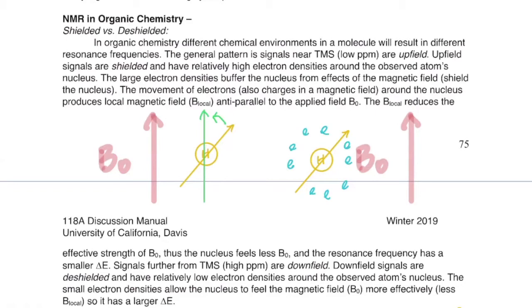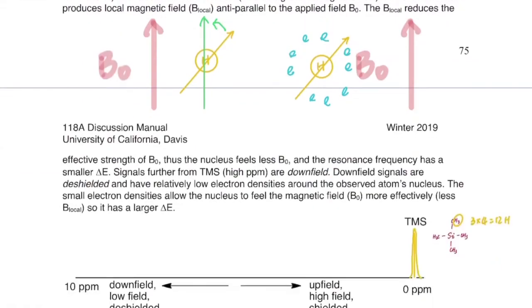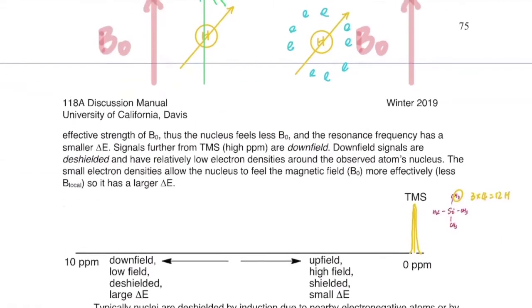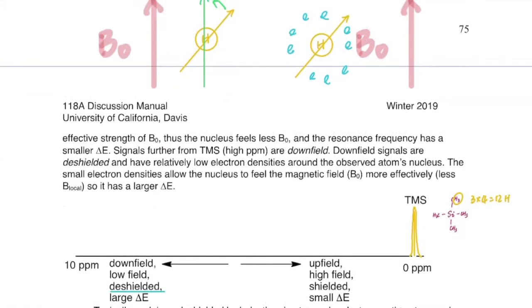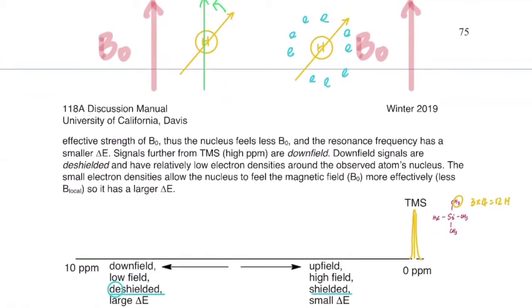It will be harder for the B naught to force you to go in that direction. On our diagram, when you are deshielded, we easily force you to go to B naught. When you are shielded, it's harder for the B naught to force you to point in the same direction. That's the difference between shielded and deshielded.